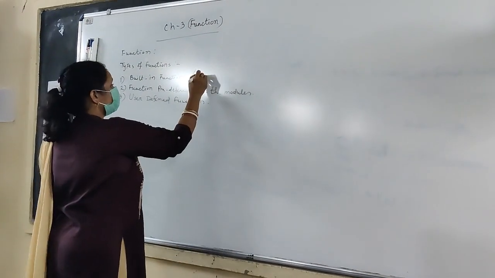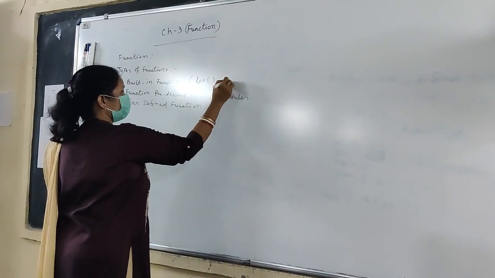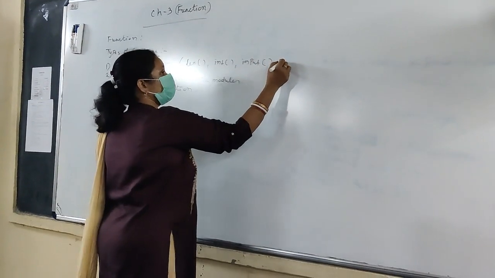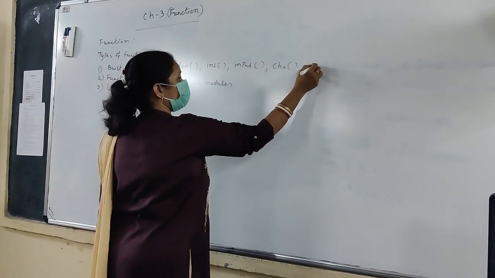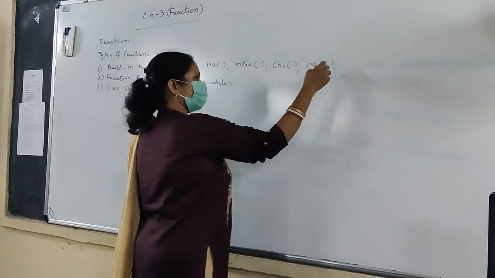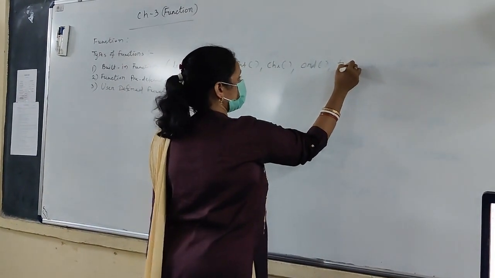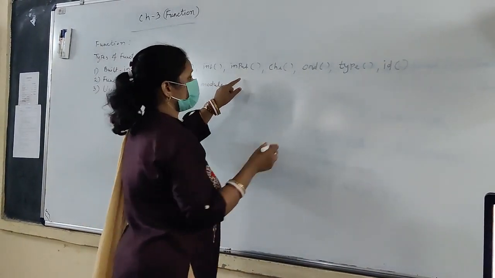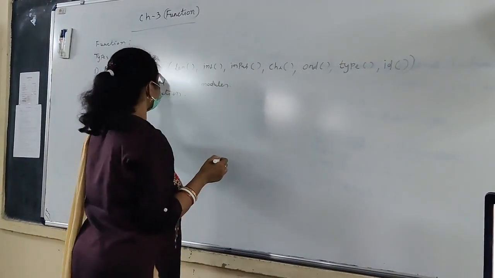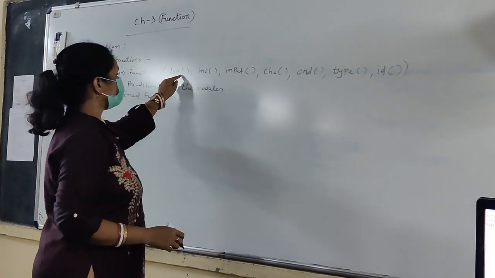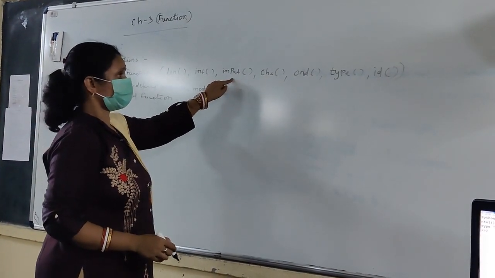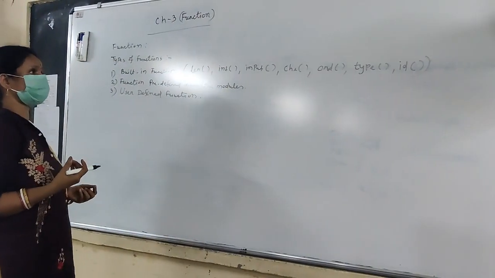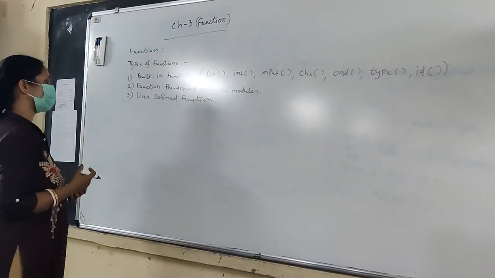For example, len function, int function, input function, chr function, ord function, and many more like type function, id function. These are all known as built-in functions. When we use them in our program, we need not use any special statement or import any special module.